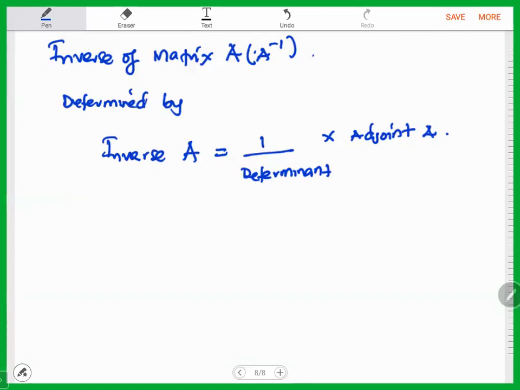So what is a determinant, or how do you get the determinant of a matrix? We say the determinant of a matrix is the difference between the product of the leading diagonal entries and the secondary diagonal entries.